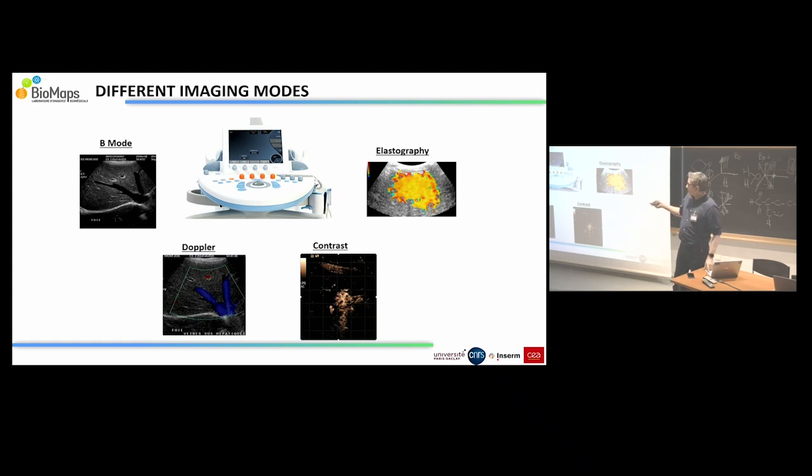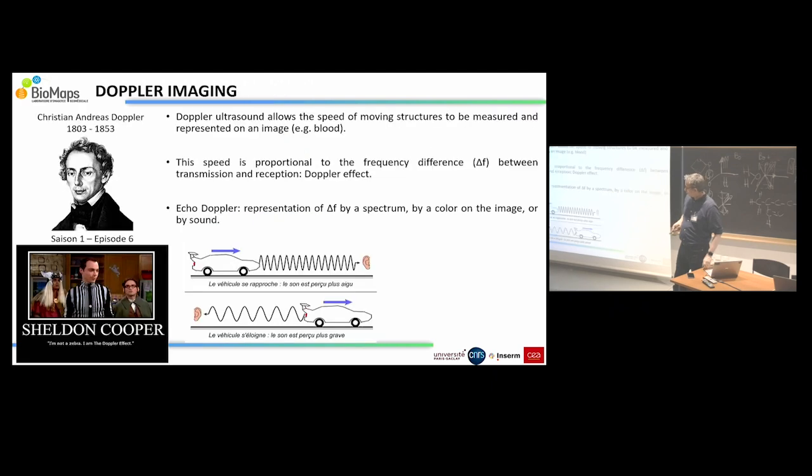So if I go to the first one, Doppler. Doppler was an Austrian guy in the 19th century, and he discovered the Doppler effect. Sorry, I just cut the sound. Okay. And it was beautifully described by Sheldon Cooper.